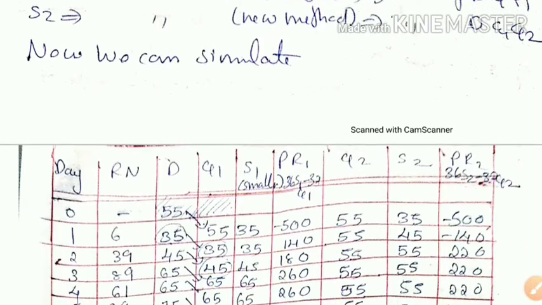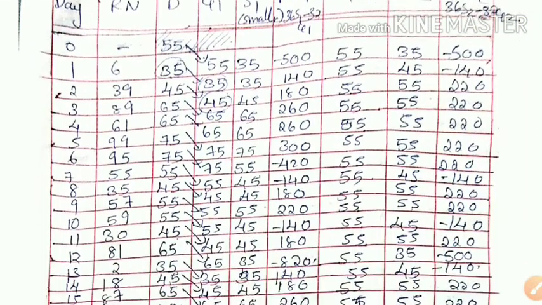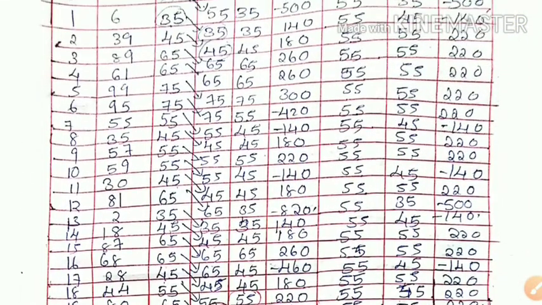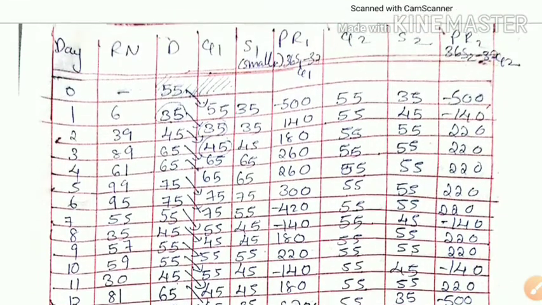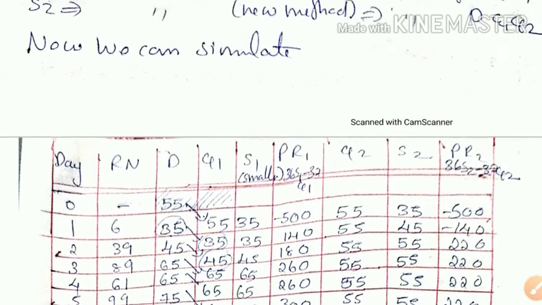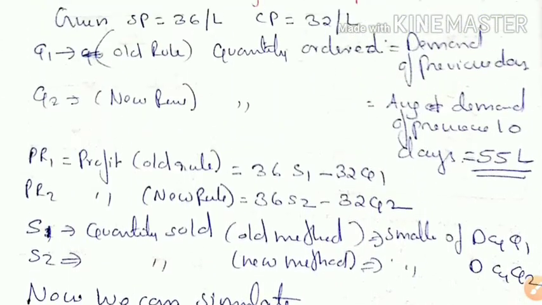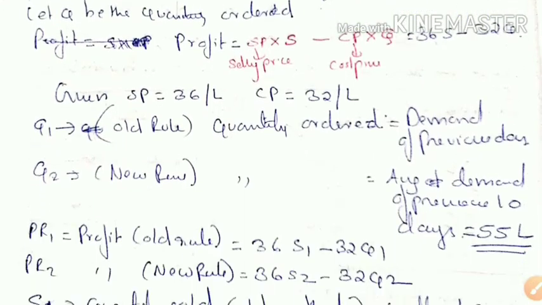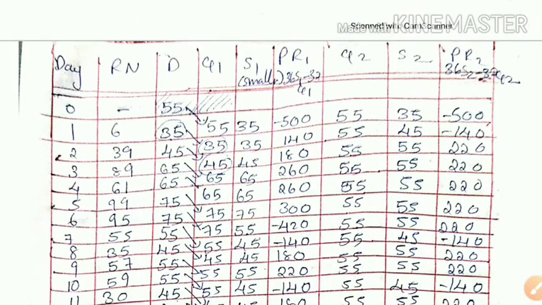Now we can simulate using the next table. We have to write days 1 to 20, that is day 0 to 20, then the random number column, then the demand column, then the quantity ordered Q1 according to the first method.